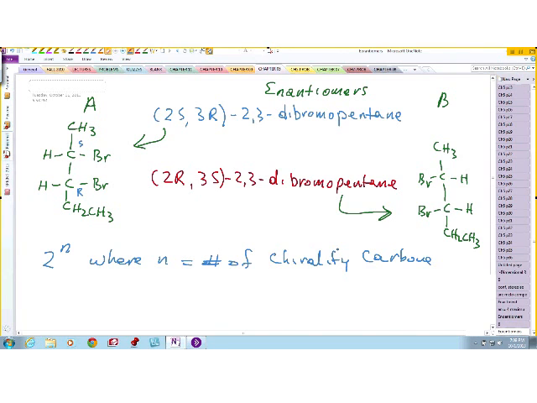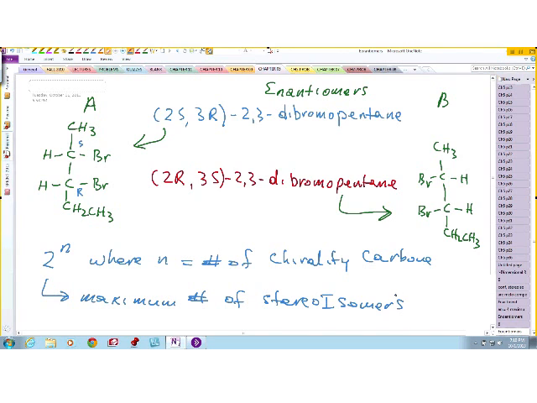That will give you the maximum number of stereoisomers that you could obtain from this molecule. Okay, this is the maximum number of stereoisomers from a molecule if you know the number of chirality carbons.